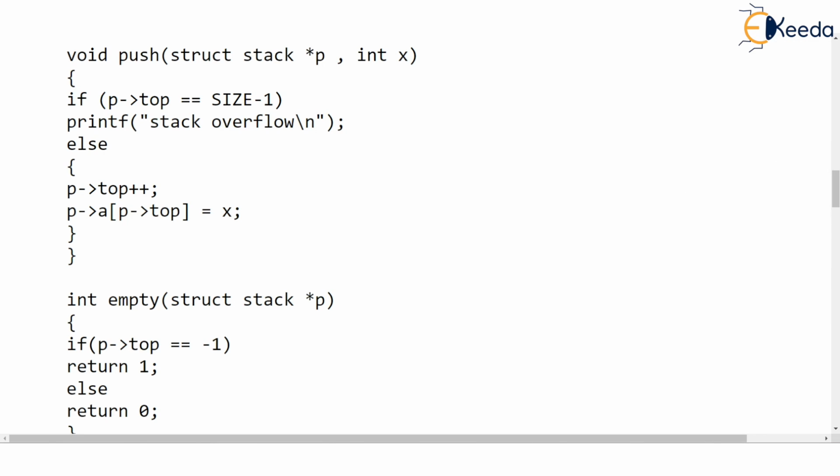Let us execute this for the first time where address of S has gone in P and X is 10. Here is the empty stack with the array holding absolutely no values, locations 0 to 4. This is the array, and top is -1.